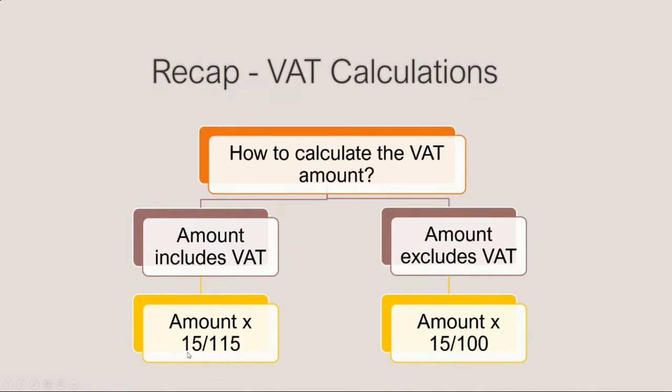So how do we know it's the VAT amount? The 15 represents the VAT, which is at the top. And then at the bottom here is the 115 because this amount is inclusive of VAT, or it's 100 because it's exclusive of VAT. And that's how you know we are busy with just calculating the VAT component and not an inclusive or exclusive amount.